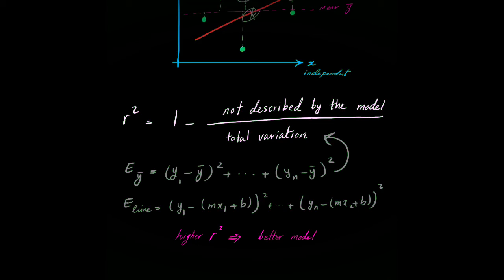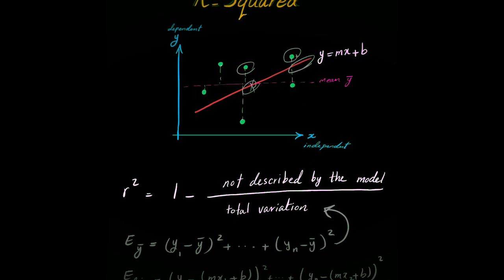Keep in mind, however, we say the higher R squared values represent smaller differences between our observed data and the fitted data, where this is the observed data, and this point, for example, would be the fitted data for that specific data point.